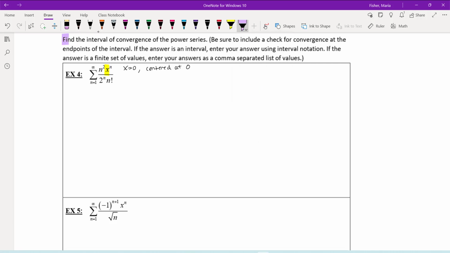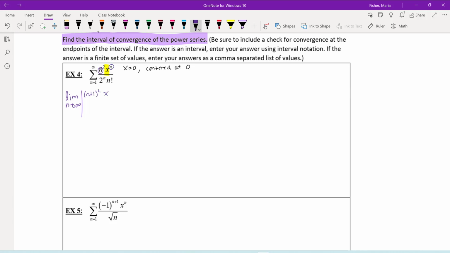Well, how do I find the interval of convergence? I use the ratio test. So recall the ratio test is the limit as n goes to infinity of the absolute value of a sub n plus 1 over a sub n. So let's set it up. The limit as n goes to infinity of the absolute value of a sub n plus 1. So instead of the n's, I write n plus 1.